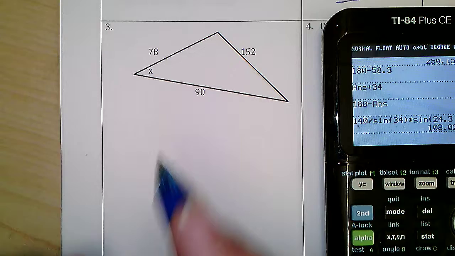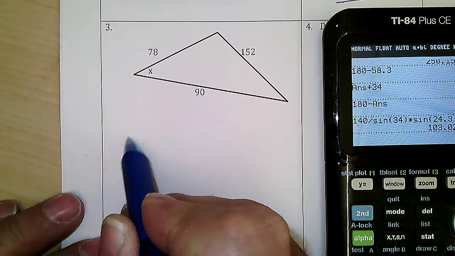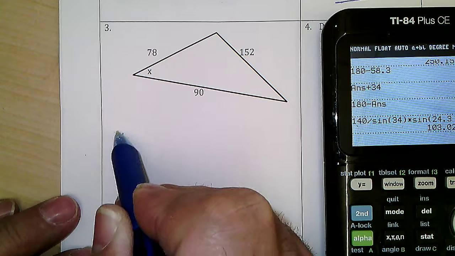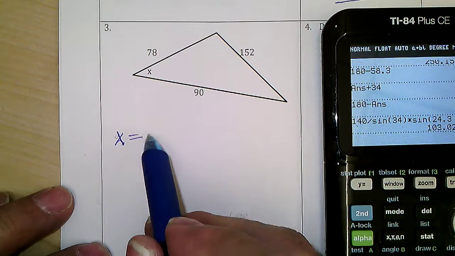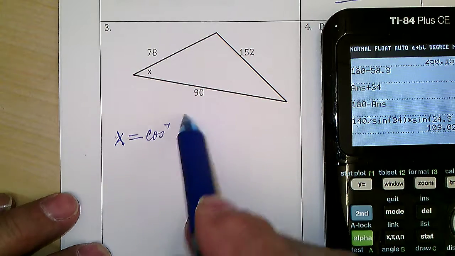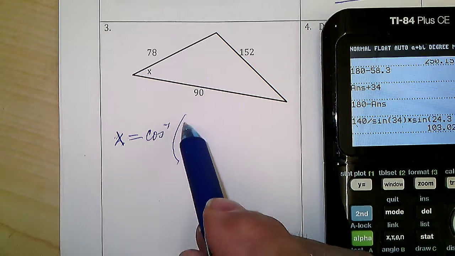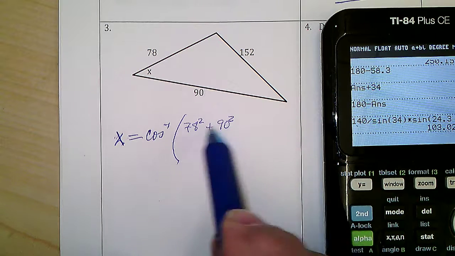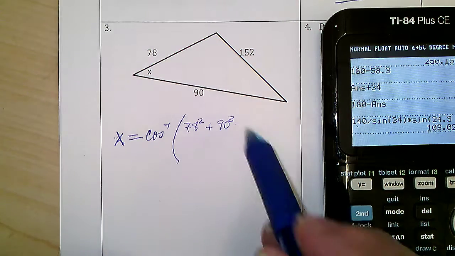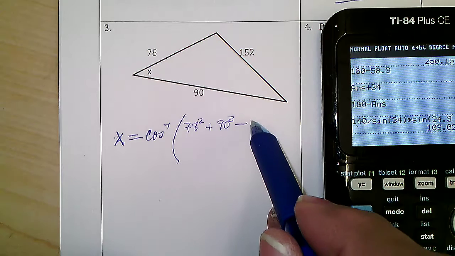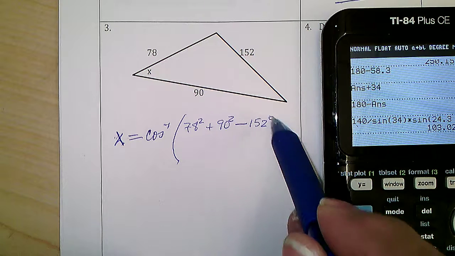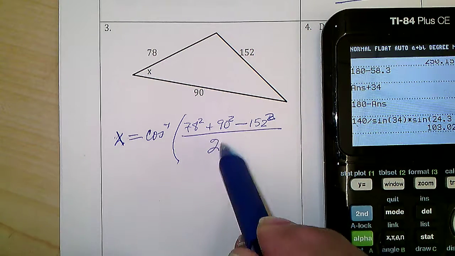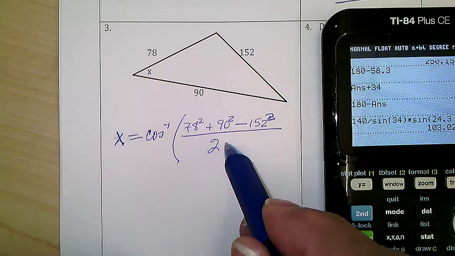Now, the only important thing on side, side, side is to remember that in the formula where the angle, in this case x, is equal to the cosine inverse of a side squared plus a side squared, and these have to be the adjacent sides, and the one that's subtracted has to be the opposite side, 152 squared, over 2 times the two adjacent sides to the angle we're looking for.